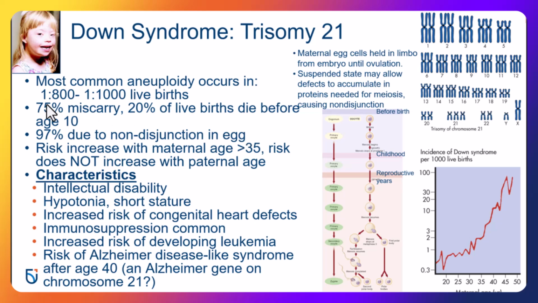It occurs in roughly 1 in 800 to 1 in 1,000 live births, making it extremely important in both medicine and pathology. It's also associated with a significant impact on pregnancy outcomes, with about 75% resulting in miscarriage. And among live births, there is an increased risk of childhood morbidity and mortality.